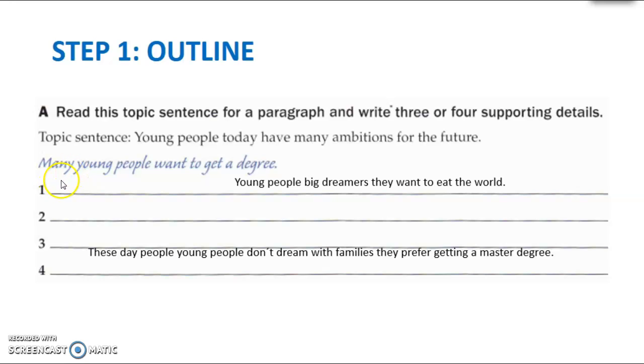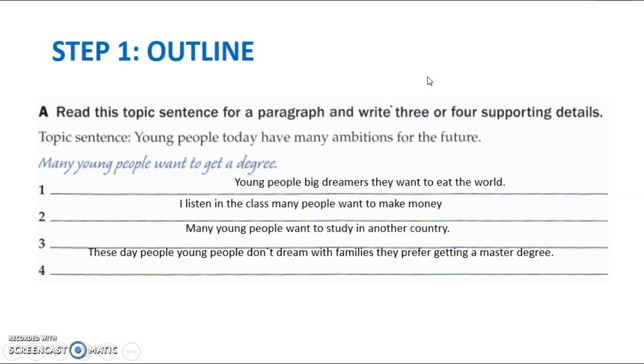And here we have a list of 4 points that we need to fill in order to develop more ideas. These are going to be our supporting ideas. For example, I will write these ideas. Here we have some ideas related to our topic sentence.